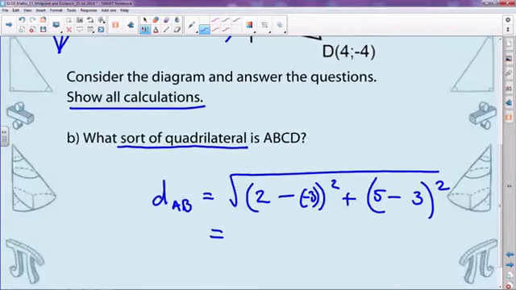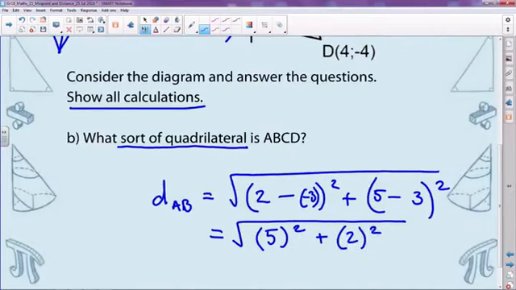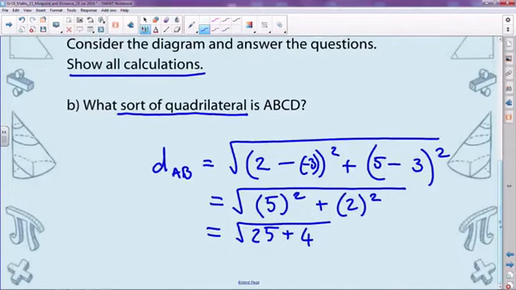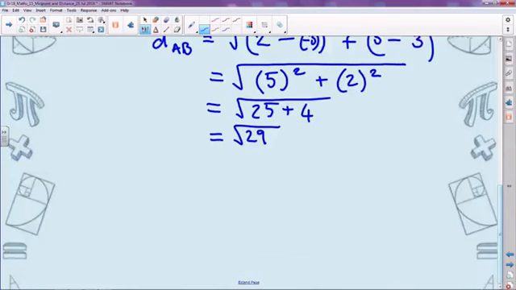Now it is faster for me to do this without the calculator, so I'm going to do it that way. I've got 5 squared plus 2 squared, which of course is 25 plus 4, and I'm just going to leave it for the moment at square root of 29.